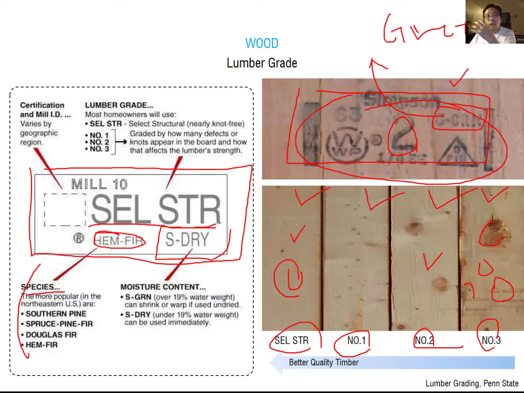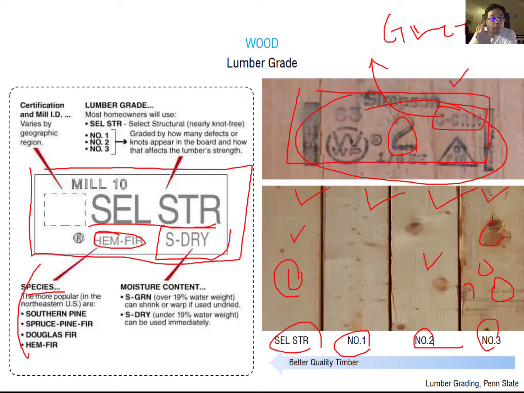So think about it: if your timber contains water or moisture, it is easy to shrink and warp, right? So when you want to use S-green grade timber for your structure, you have to dry it first. However, when you use S-dry, it has under 19% water content.